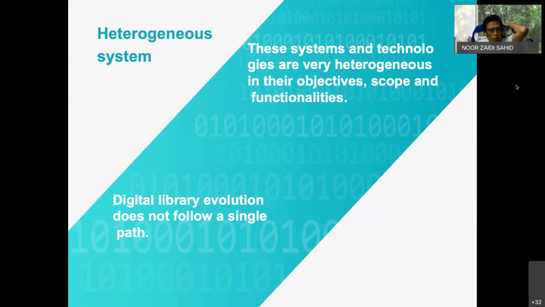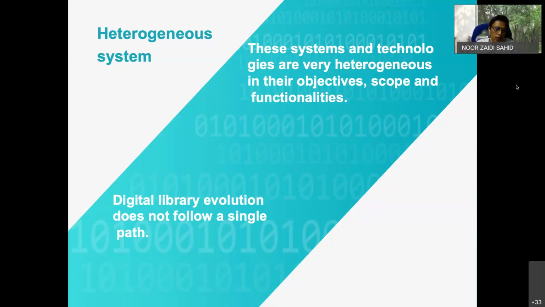But opposite to homogeneous is heterogeneous, which means the digital library here is stated to be varied. Wide varieties of systems, and varies in terms of the technology itself. They can have different objectives, different scopes and different functions as well. So we refer to it here as heterogeneous. It is very complex. Alright.